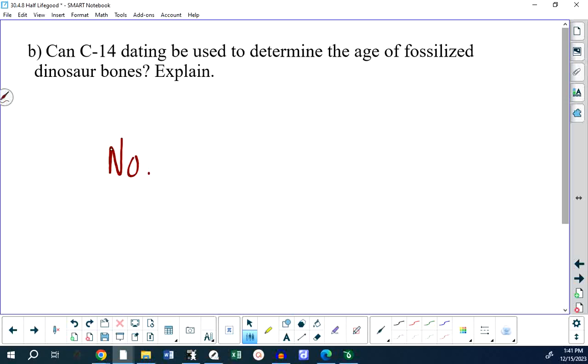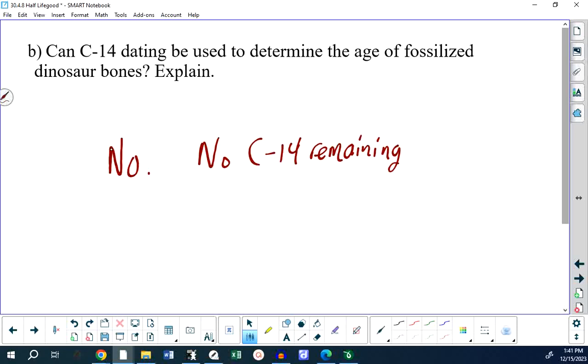So I'm just going to say no, there's no carbon-14 remaining. Or, I mean, is it possible that, and I hope you understand, fossilized dinosaur bones are more than 10 half-lives of carbon-14. But is it possible that after 10 half-lives there is some carbon-14 left?